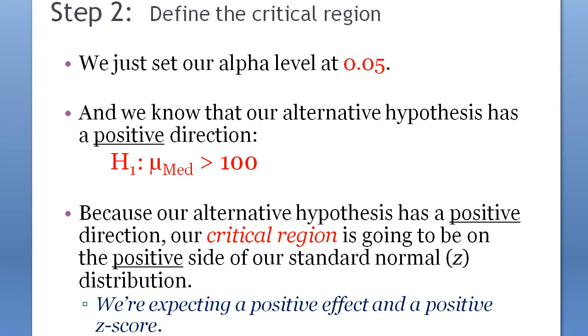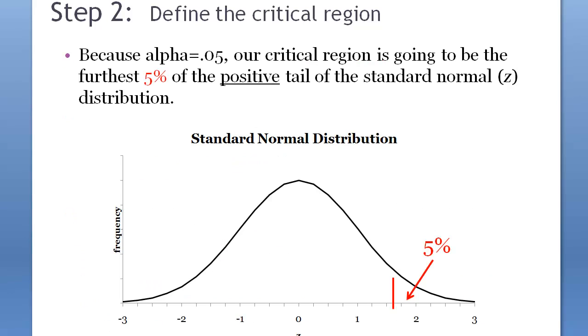Our alternative hypothesis has a positive direction, so our critical region is going to be on the positive side of the standard normal distribution. This is the z score for alpha level 0.05, so the critical region is here.